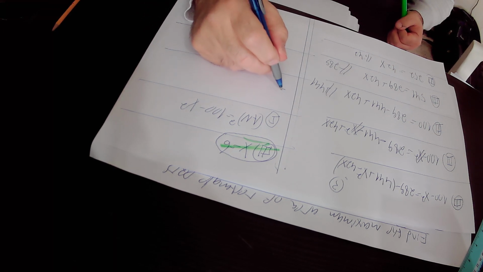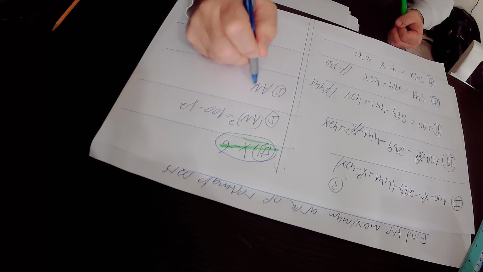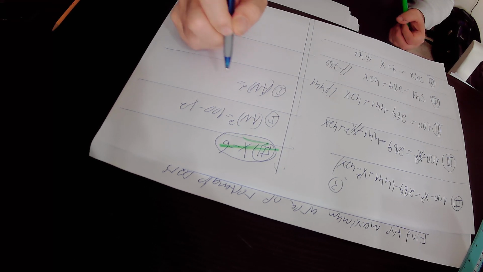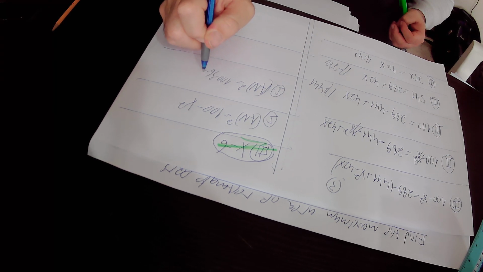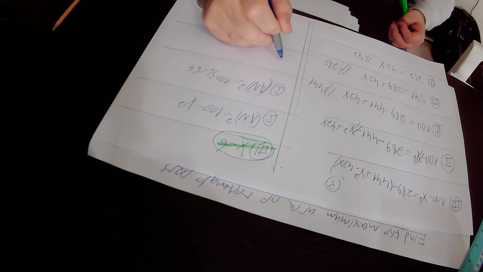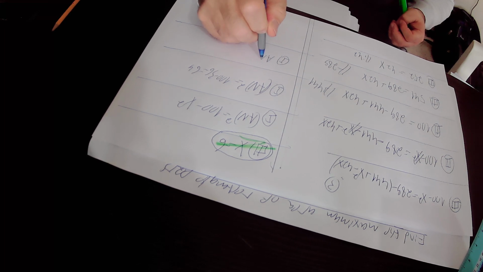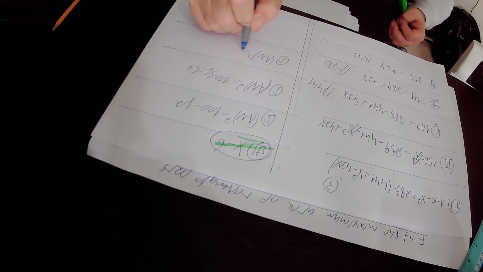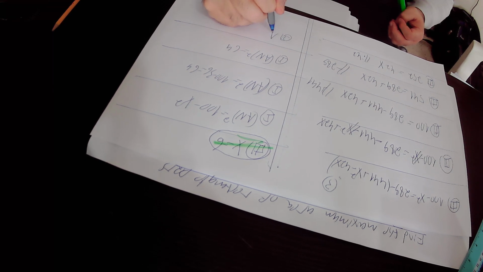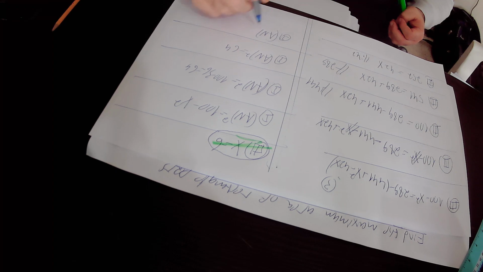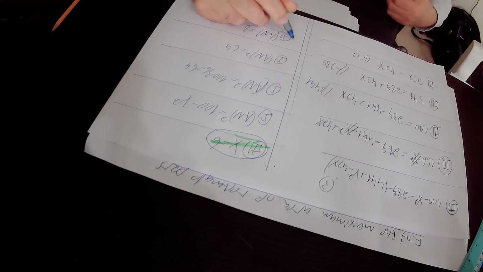So in total, AN squared equals 100 minus 36, that is 64. So AN squared equals 64. Here we take the square root of this equation, and finally we get that AN equals the square root of 64, that is 8. So AN equals 8 units in length.